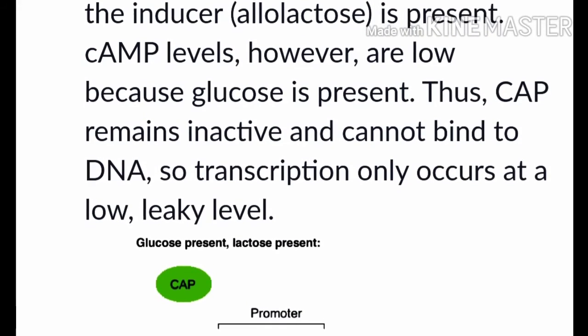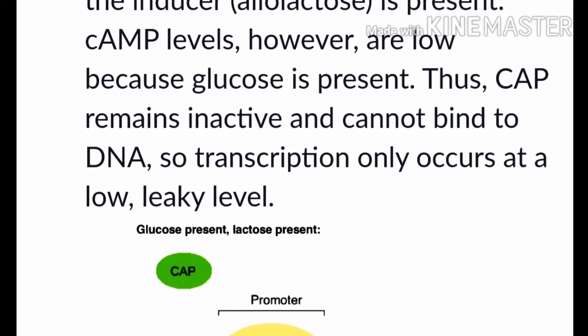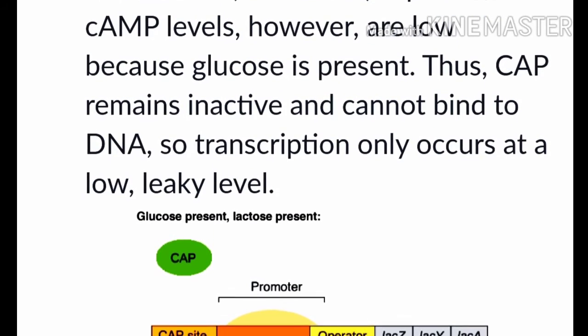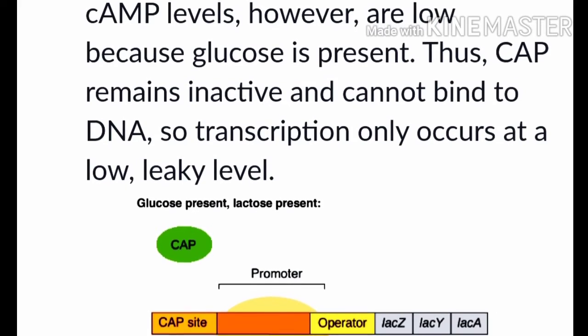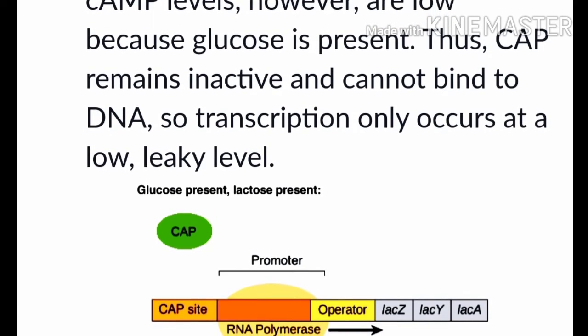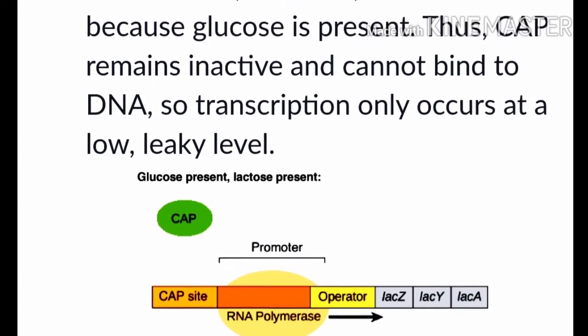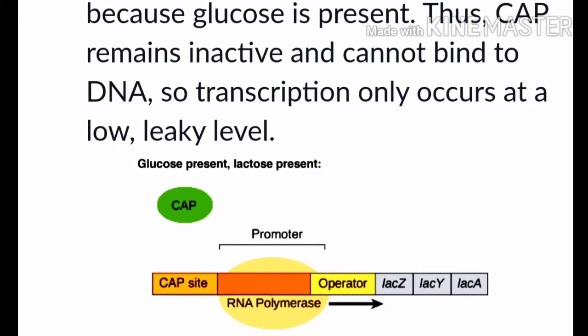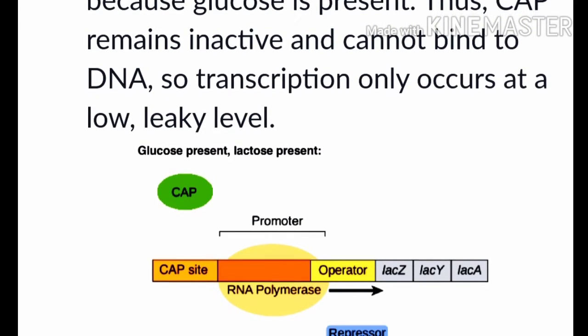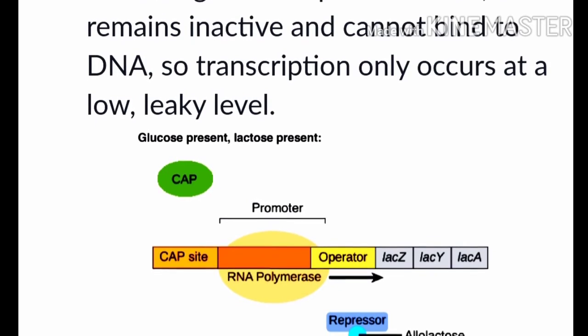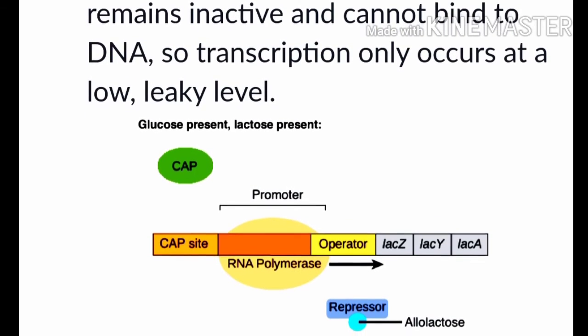The cAMP levels, however, are low because glucose is present. Thus, CAP remains inactive and cannot bind to DNA. So transcription only occurs at a low level.